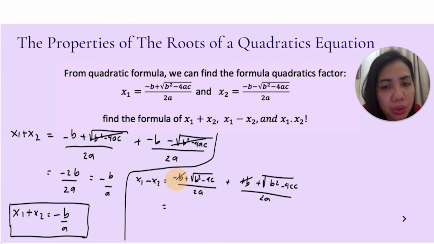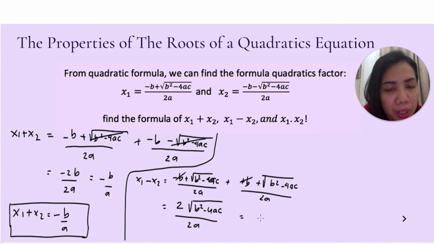They equal 0, and then in here we have the square root of b squared minus 4ac, and in here we also have the square root of b squared minus 4ac. So we'll have 2 times the square root of b squared minus 4ac, and then over 2a. Okay, in here we have the square root of b squared minus 4ac over, we divide this by 2 over a.